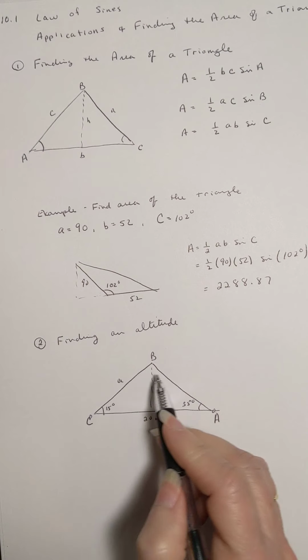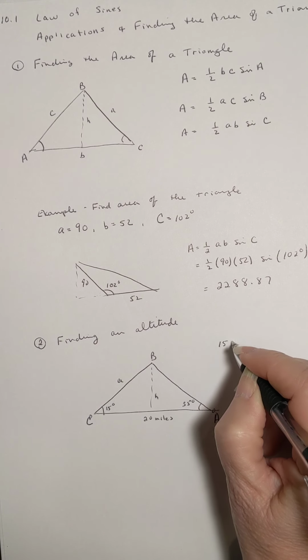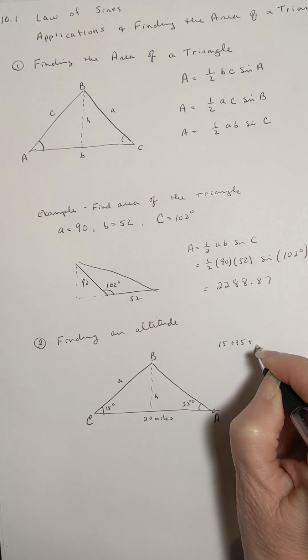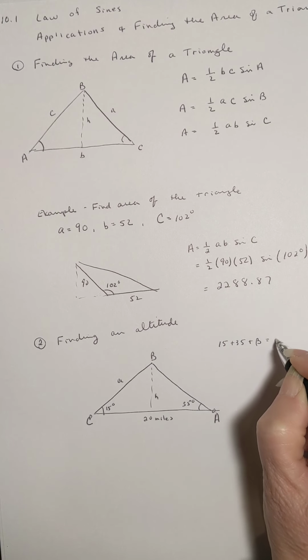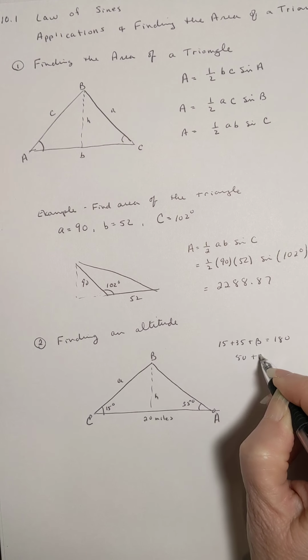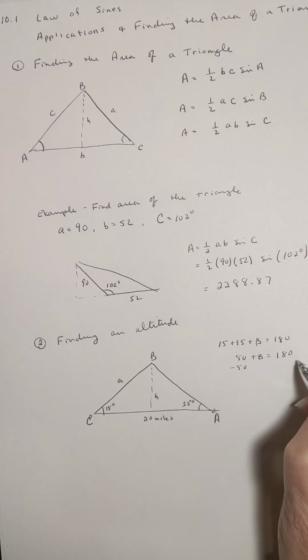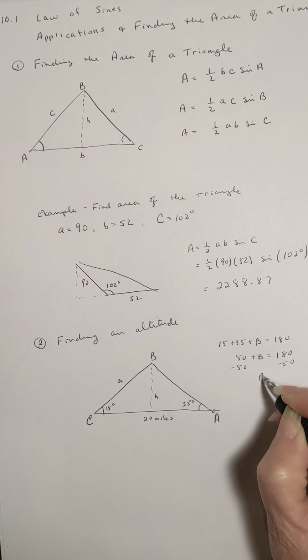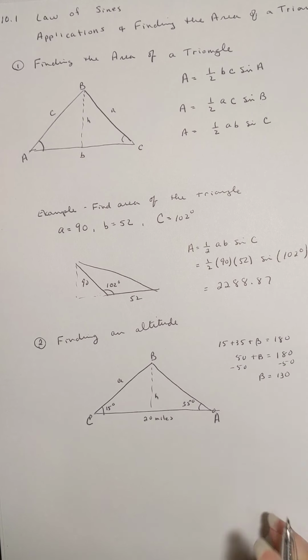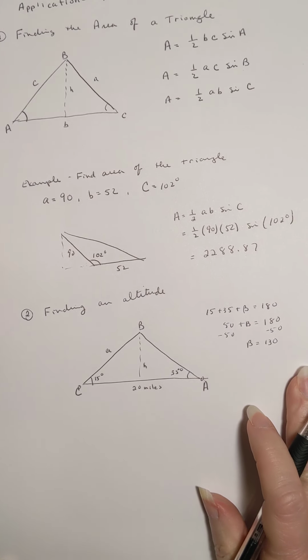So first I need to find out what angle B is. Again, the angles in the triangle add up to equal 180 degrees. So this would be 50 plus B is equal to 180. Then subtract the 50, and we get B is equal to 130.